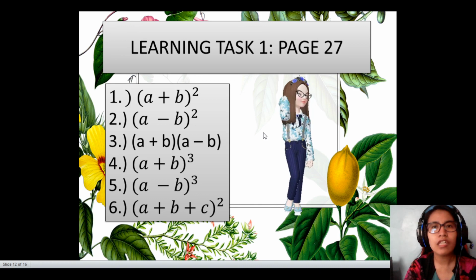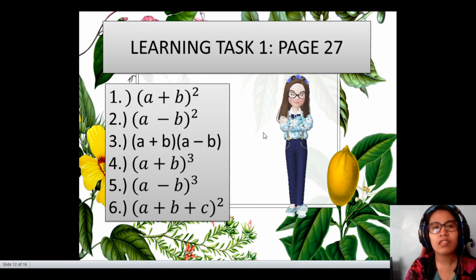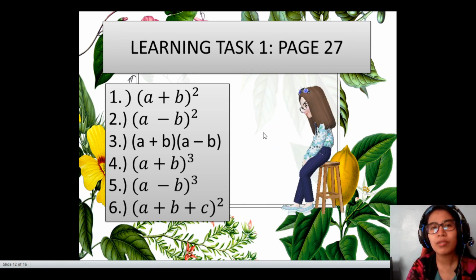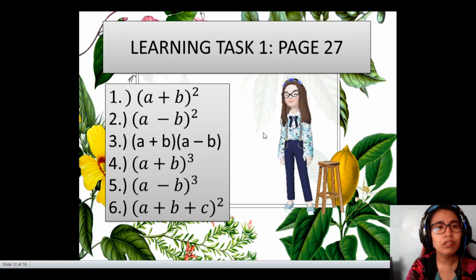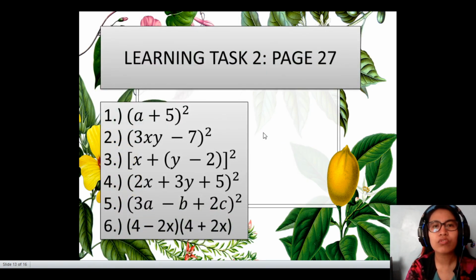So this is learning task 1, page 27. This is only 1 to 6. Actually, some of learning task 1 has already been given as an example. And our learning task 2, page 27 again. It is 1 to 15. Show your solution.